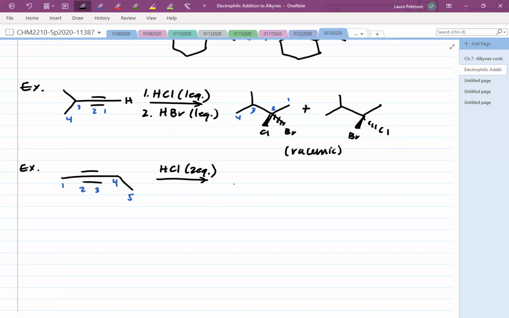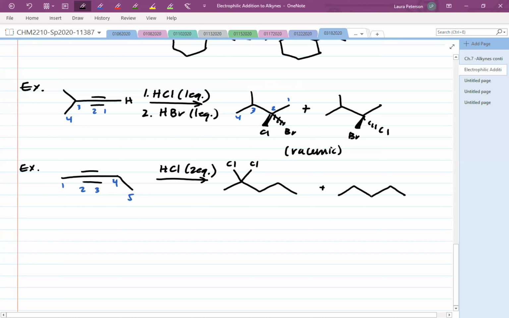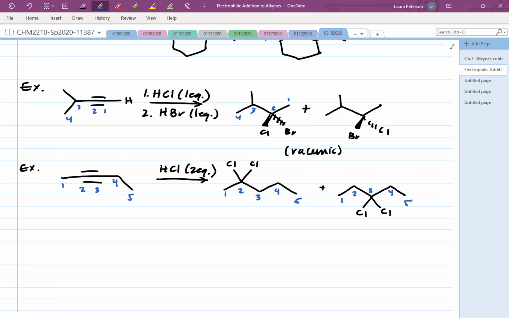So the products of this reaction, I'm going to get 2 different regioisomers. I'm going to get the dihalide at carbon 2, and I'm going to get the dihalide at carbon 3. These are my 2 regioisomers that I get coming out of this reaction. And that's because for an internal alkyne, we can't observe the regioselectivity because carbon 2 and 3 are similarly substituted.